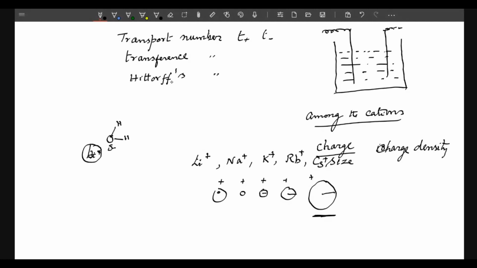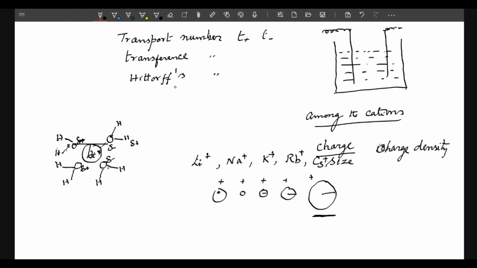The force of attraction is higher and the ions get solvated. How many solvent molecules surround the ion depends upon the charge density.